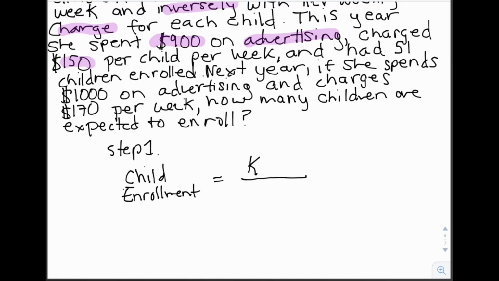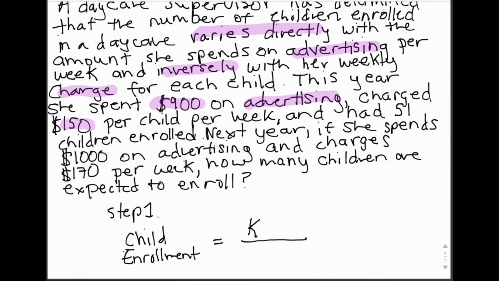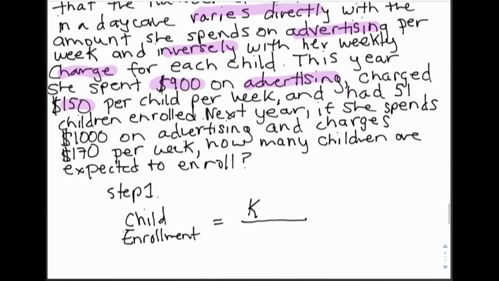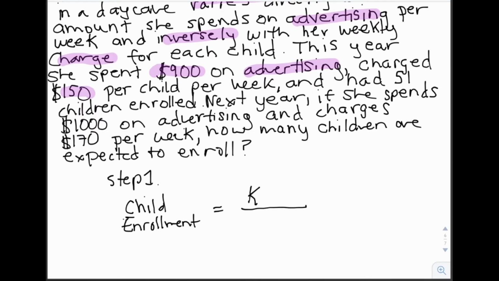Let's deal with our directly proportional part first. It varies directly with the amount she spends on advertising. So k and then the amount she spends on advertising is going to be on the top, and I'm just going to abbreviate it, advertising. What else does it tell us? Inversely with her weekly charge for each child.